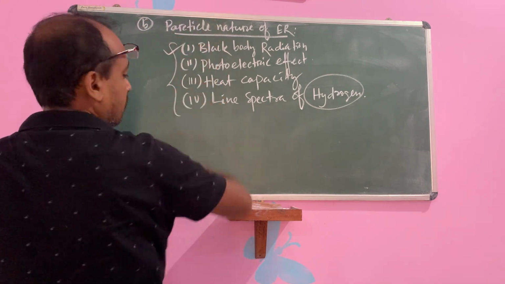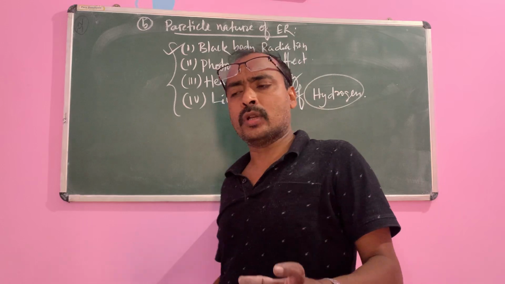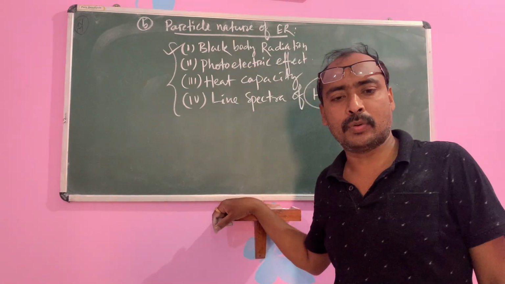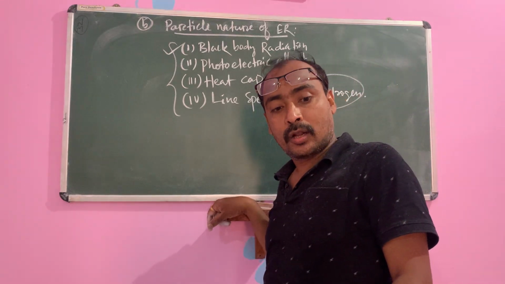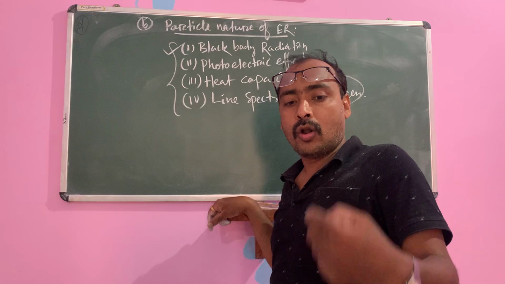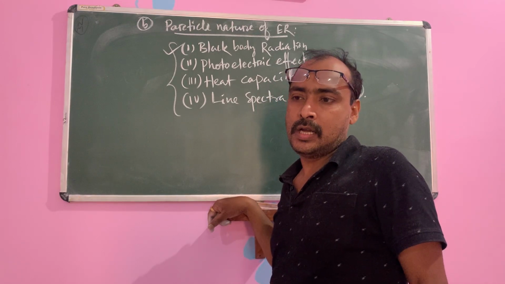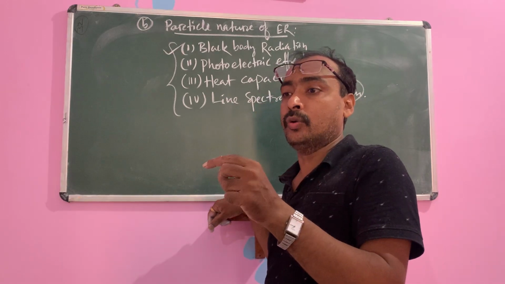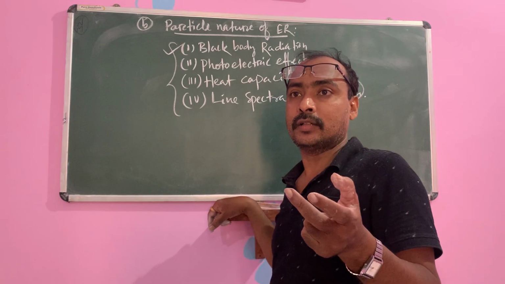First, black body radiation. What do you mean by black body? Is it a body which is black in color? No, it is the body which emits and absorbs radiations of all frequencies and wavelengths uniformly. The ideal body which emits or absorbs all the frequencies of light equally.